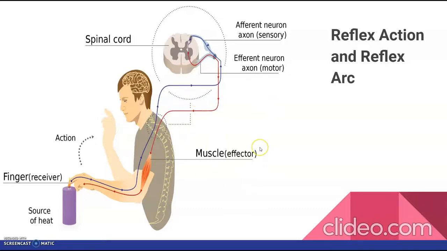is called the reflex action. So the reflex pathway comprises at least one afferent neuron, which is a receptor, and one efferent neuron, which is an effector neuron, and they are arranged in a series.